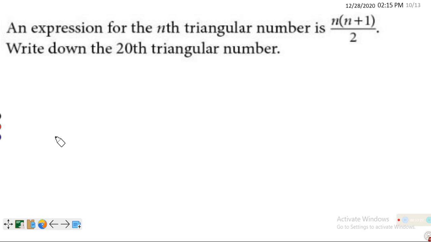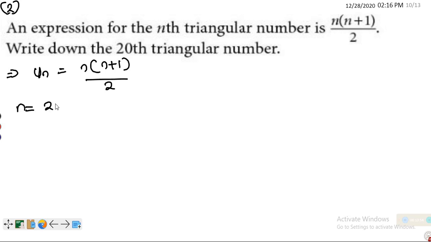Another example, let's call this example 2. An expression for the nth triangular number is n into n plus 1 over 2. Write down the 20th triangular number. So what we simply do here is say un equals this formula. The 20th triangular number will be n equals 20.